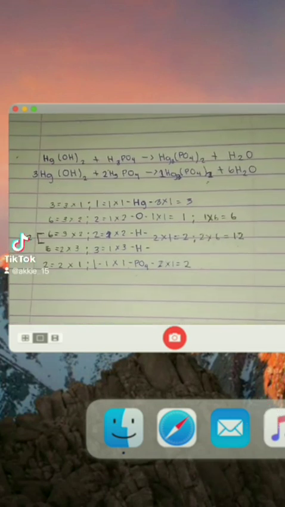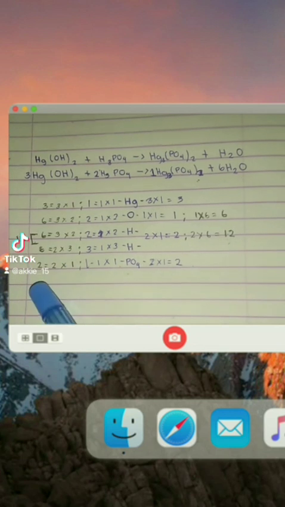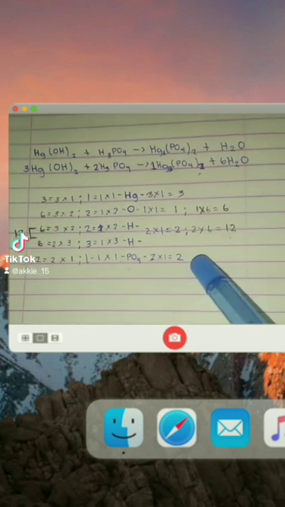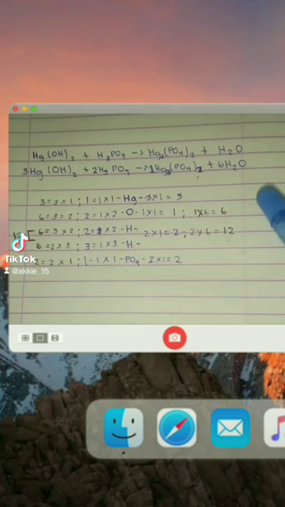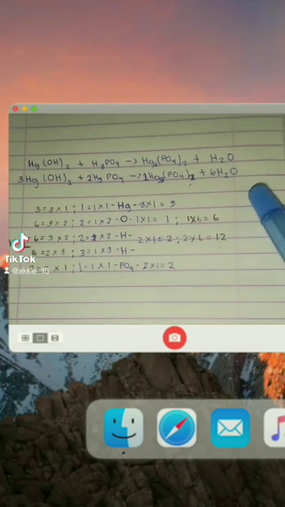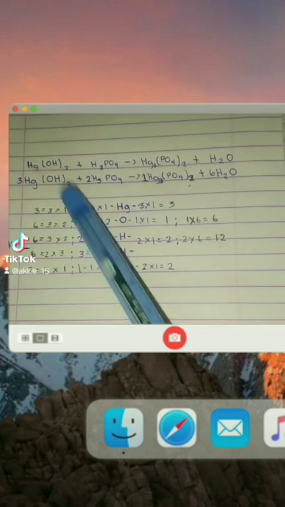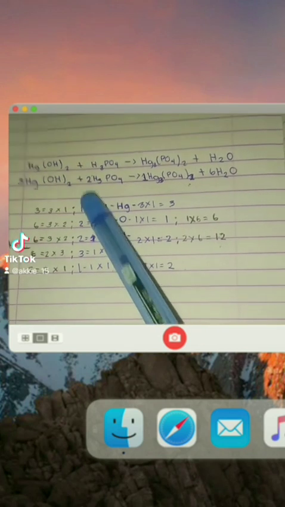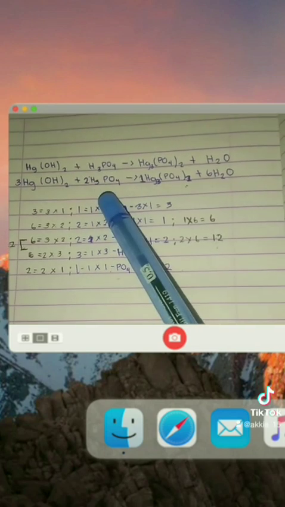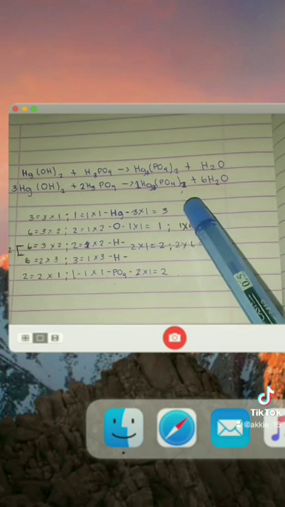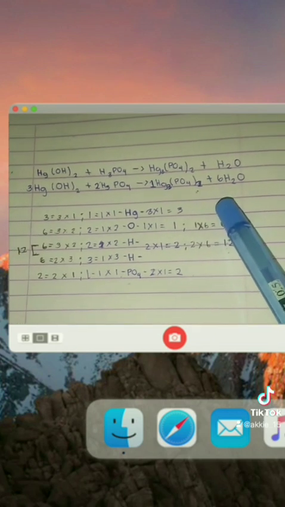Since the number of atoms and ions on both our reactant and product sides are equal, this means that we have achieved our balanced chemical equation. So our final chemical equation is 3 mercury 2 hydroxide reacts with 2 phosphoric acid to produce 1 mercury 2 phosphate plus 6 water, or 6H2O.